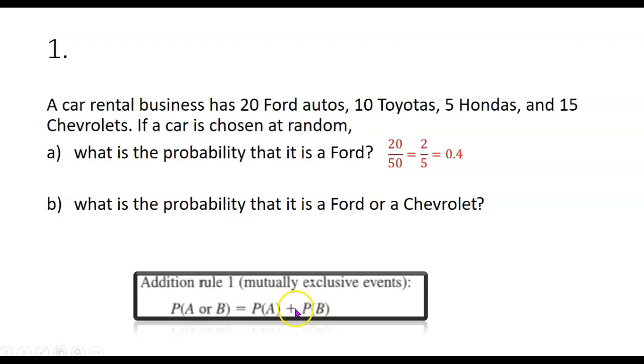Or, for or probability questions, think addition. So we're adding together the 20 out of 50 Fords plus the 15 out of 50 Chevrolets for a total of 35 out of 50 cars that are either a Ford or a Chevrolet. So the probability is 35 over 50, which is, in decimal form, 0.7.